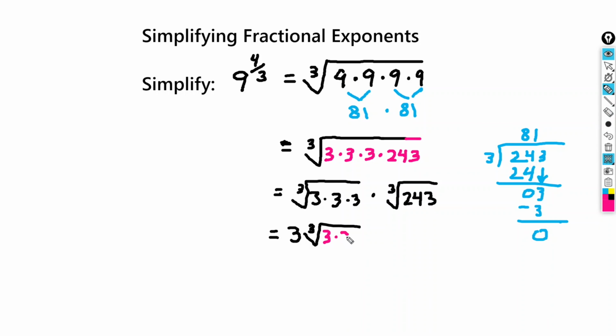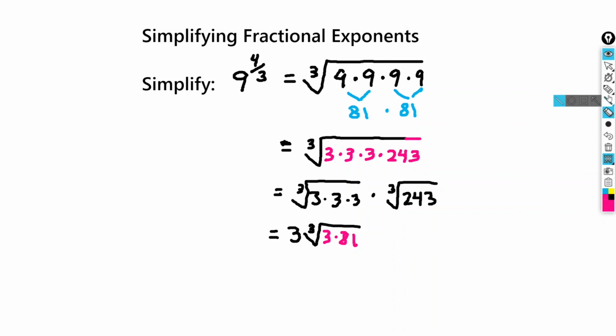Well, 81 is, if I add 8 plus 1, that's 9. So that's divisible by 3. So let's keep going. Let's do 81 divided by 3.